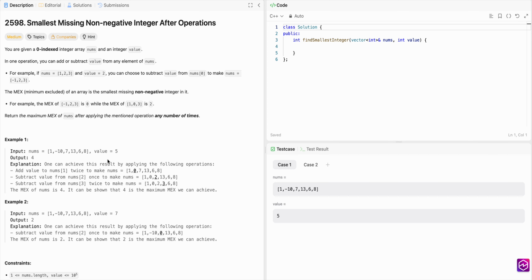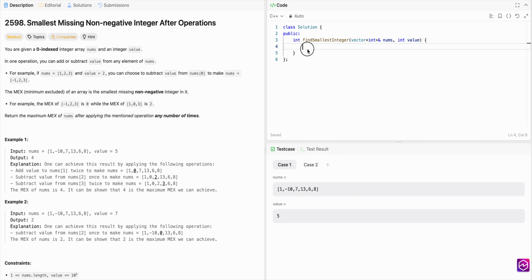If our requirement is 0, we will need a number that is directly divisible by 5, or its mod value is 0. And if our requirement is basically 1.